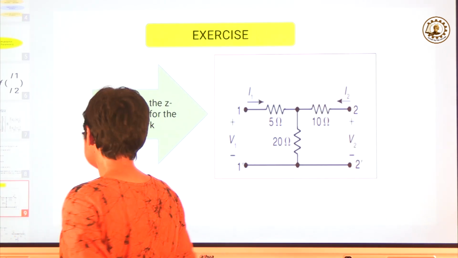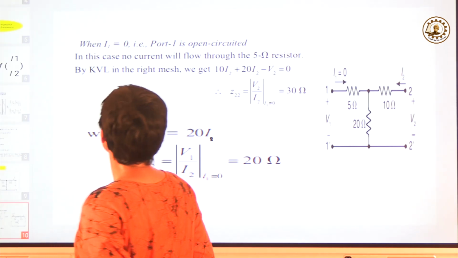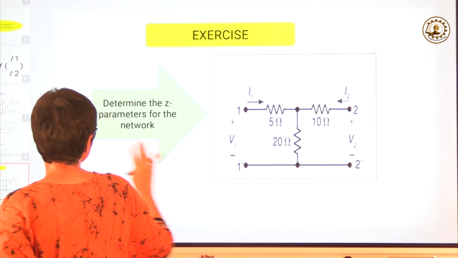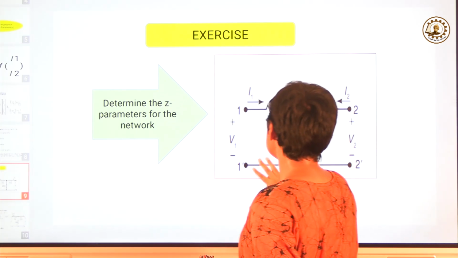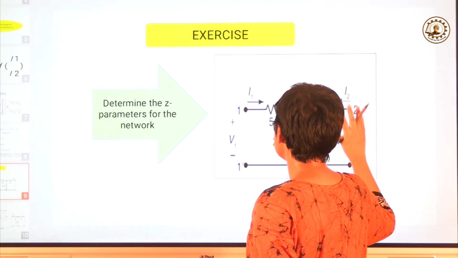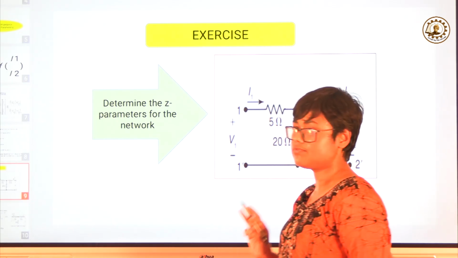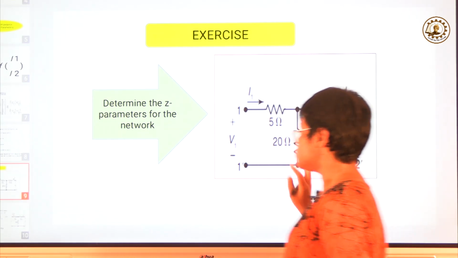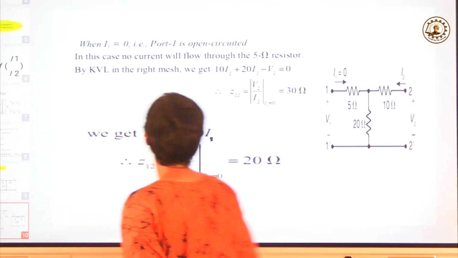So if this is the circuit, we know for impedance parameters we need to make port 1 open, that is I1 equals 0, and also port 2 we have to make I2 equals 0, in order to get the 4 parameters Z11, Z12, Z21 and Z22. So here also we will do the same thing.